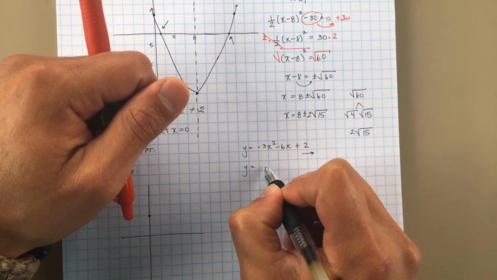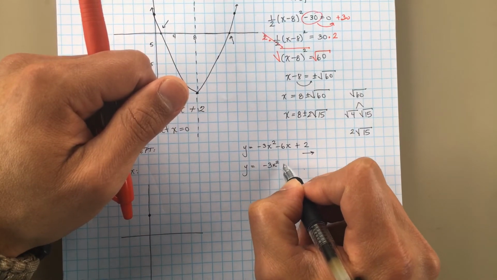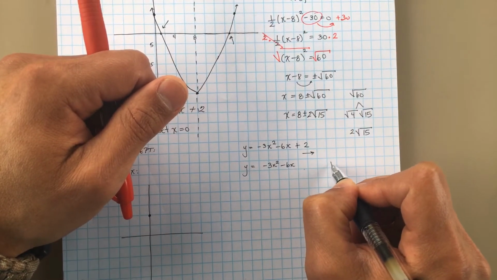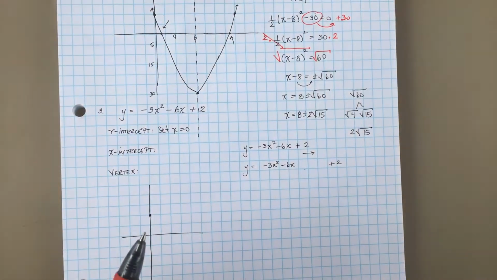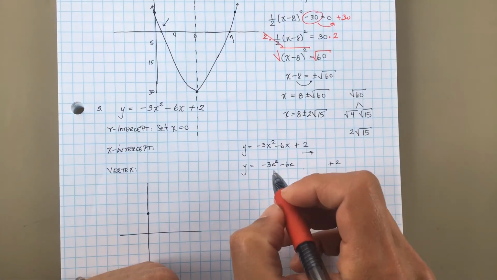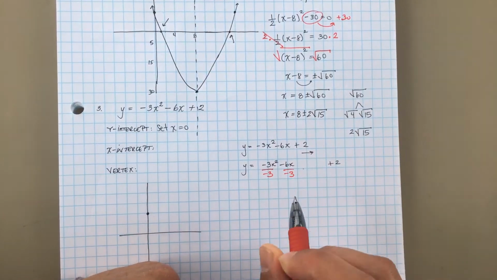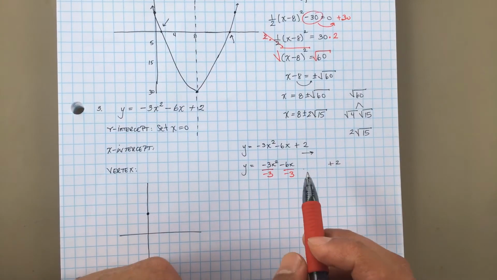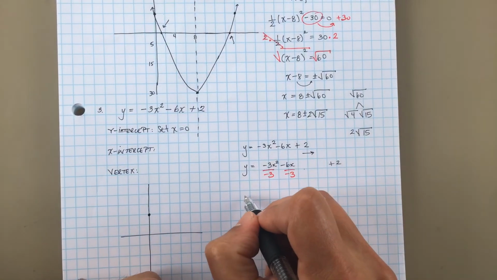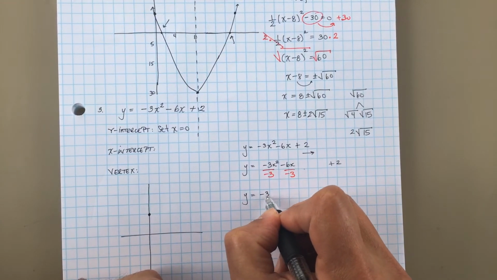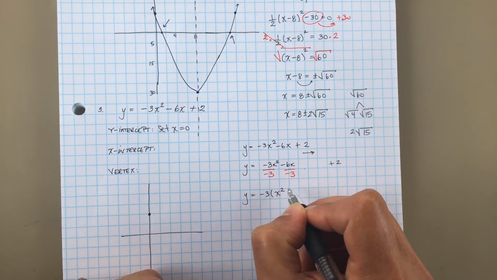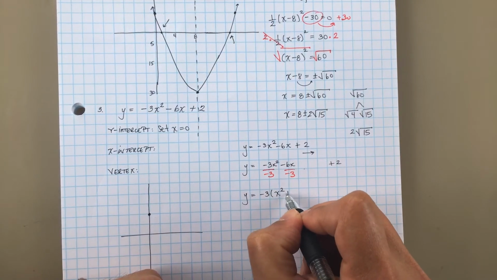Okay, so you're left with negative 3x squared minus 6x. Positive 2 is here. Okay, I'm going to factor out the negative 3. Voy a factorizar el menos 3 porque no puedo completar el cuadrado con ese 3 enfrente. So I'm going to take it out. Lo voy a sacar. Okay, menos 3. Me queda x cuadrado. 6 entre 3 me da positivo 2.